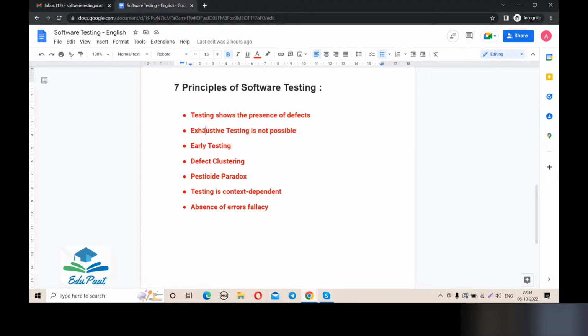First, I am coming to the first principle: testing shows the presence of defects. What does it mean? Testing talks about the presence of defects and doesn't talk about the absence of defects.